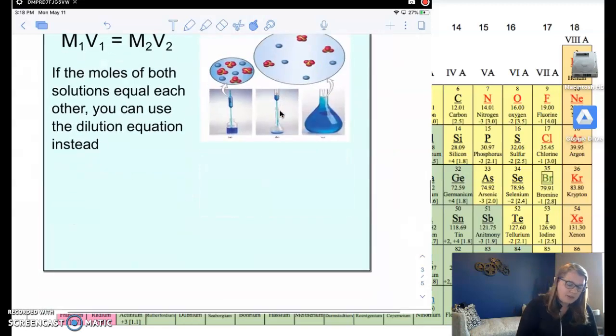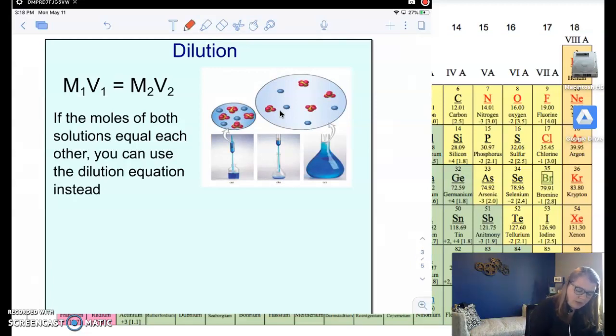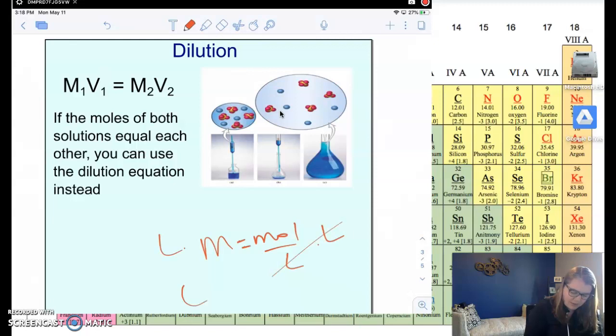I'm going to go ahead and zip on down here. We actually have an equation for this, the dilution equation: M1V1 equals M2V2. Basically the idea is molarity times volume. If I go back to my molarity equation super quick and rearrange it, liters times molarity is equal to moles.